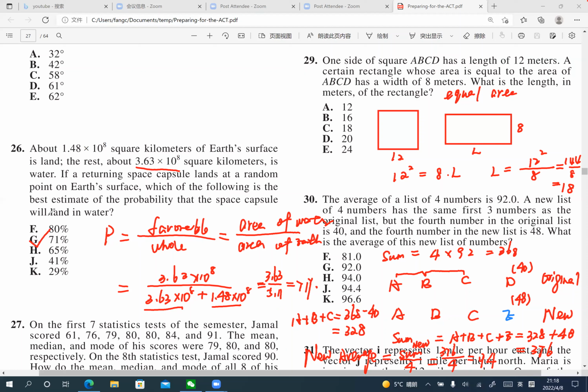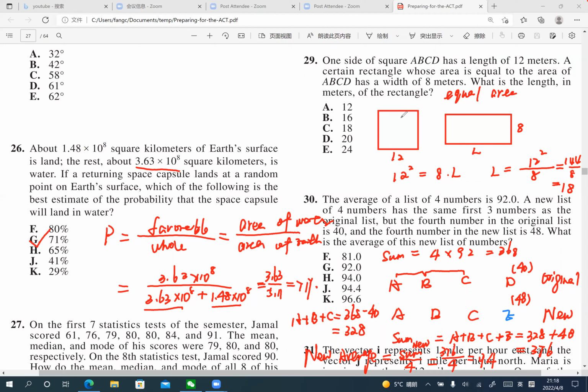One side of square ABCD has a length of 12 meters. A certain rectangle whose area is equal to the area of ABCD has a width of 8 meters. What is the length in meters of the rectangle?